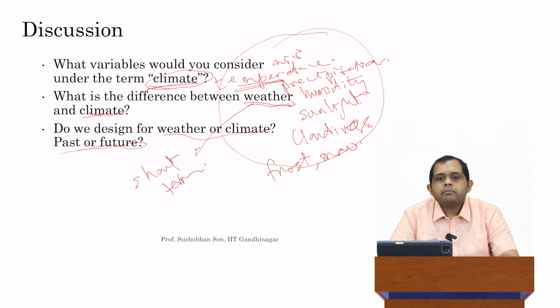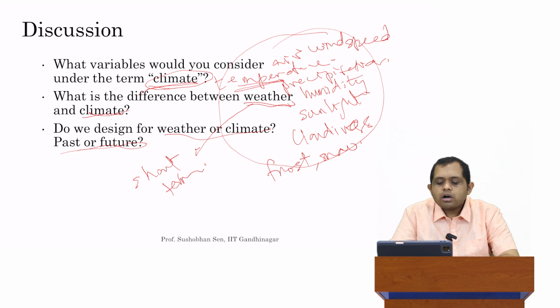In the morning, it might be relatively cool, maybe a little bit windy. By the way, in this list, wind speed also I would add to the list of climatic variables. The morning might be cool and windy, afternoon might be hot and dry without any wind, and by the evening, maybe it starts raining. So in the same day, you can experience completely different weather patterns.